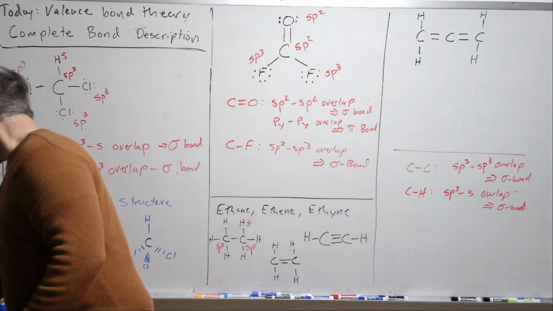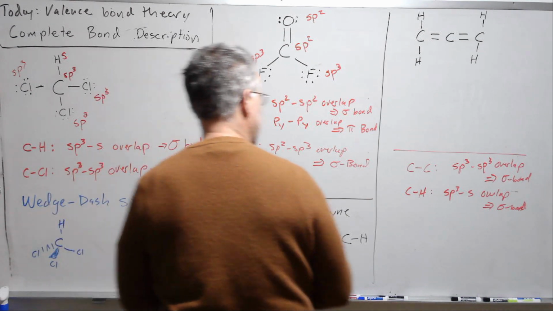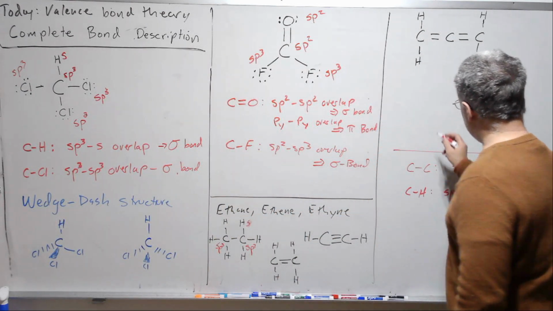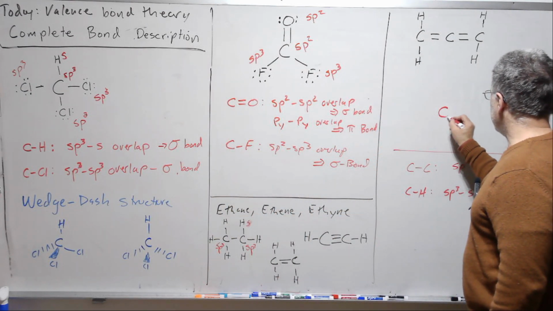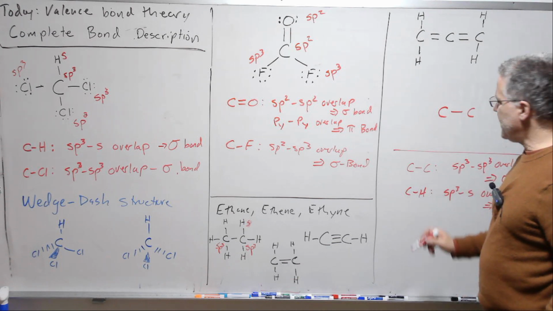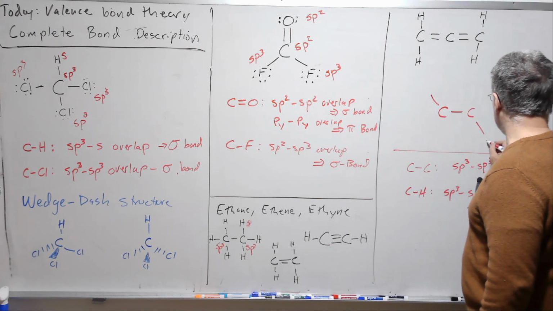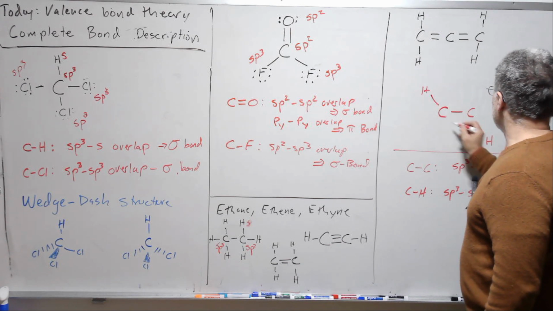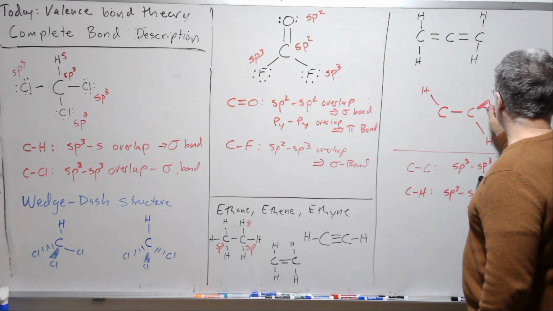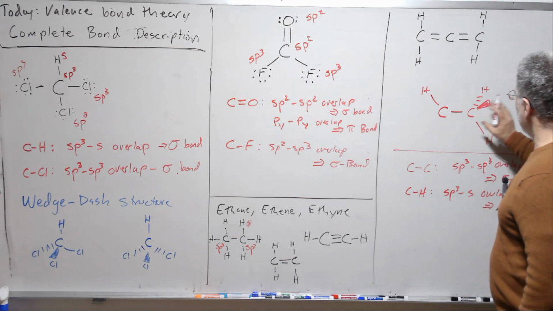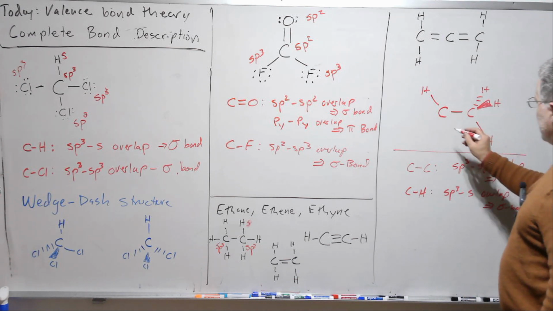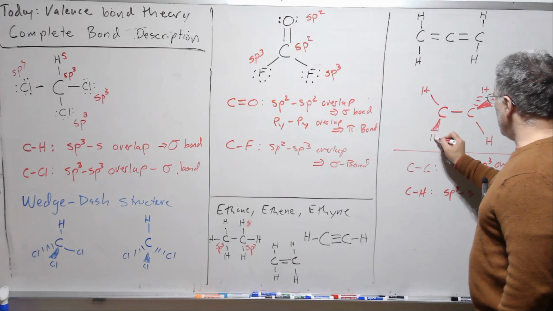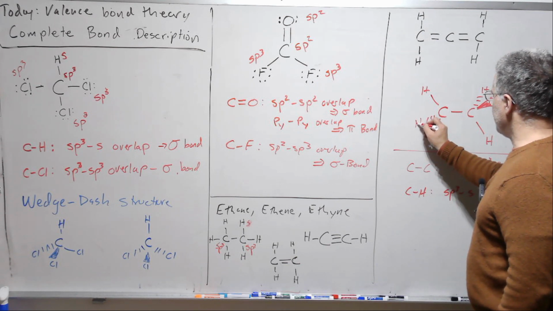Let's draw the wedge dash diagram, and let's draw it in this staggered format. So the wedge dash diagram will be C, we'll put those in a plane, and then we'll put this one in a plane and this one in a plane. And then if that's in the plane, then this has to be one coming out, one going back, one coming out, one going back.